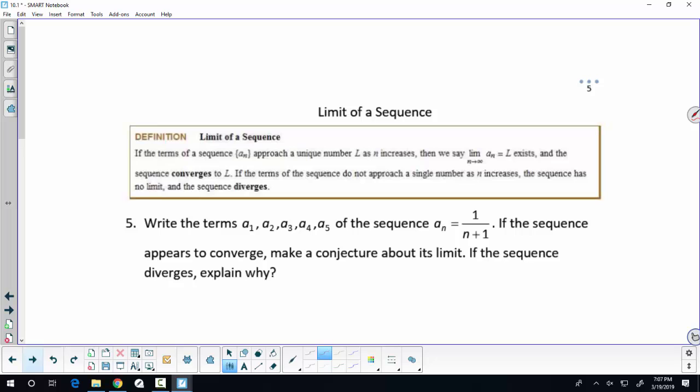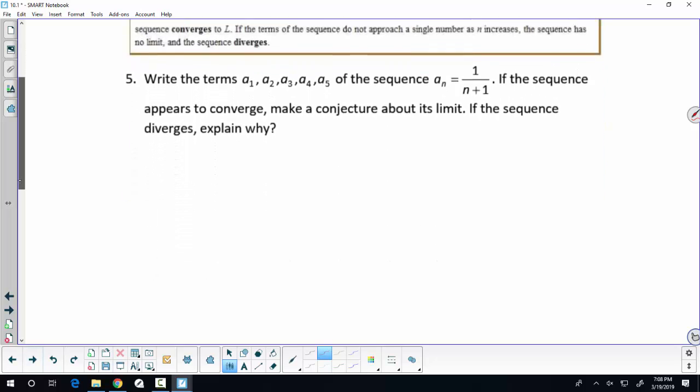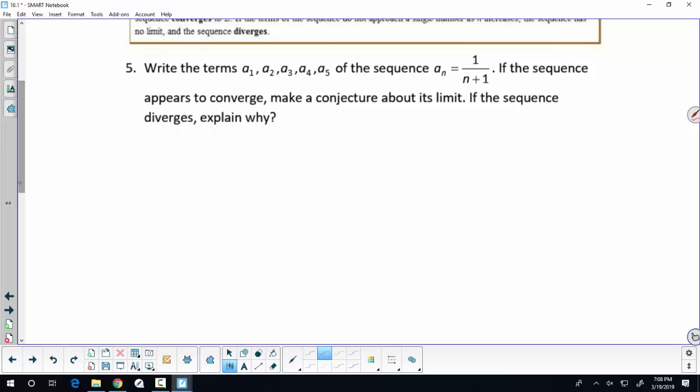It says if the terms of a sequence approach a unique number as the index increases, we say that the limit as n approaches infinity of the sequence equals L, and the sequence converges to L. If they don't approach a number, then we say it diverges. So it's virtually equivalent to limits that we've computed before.